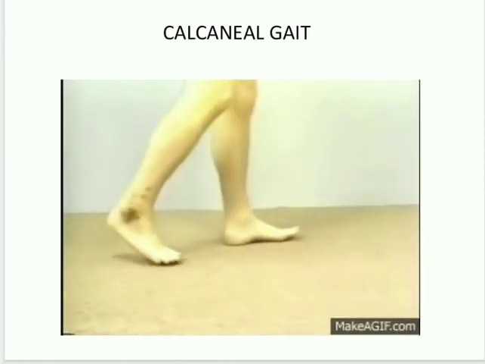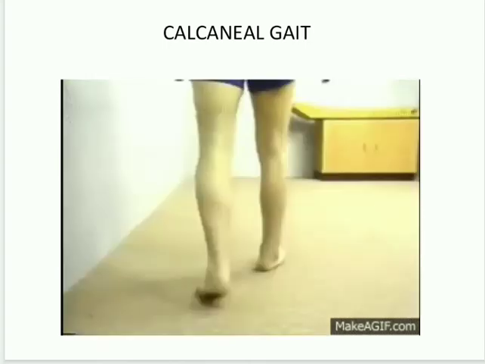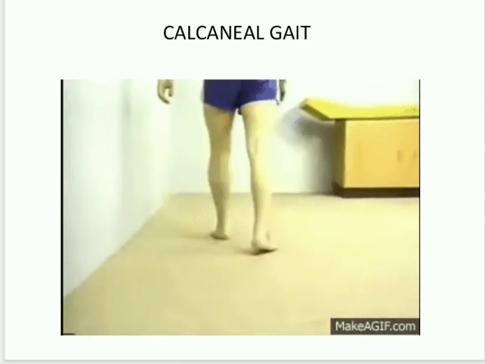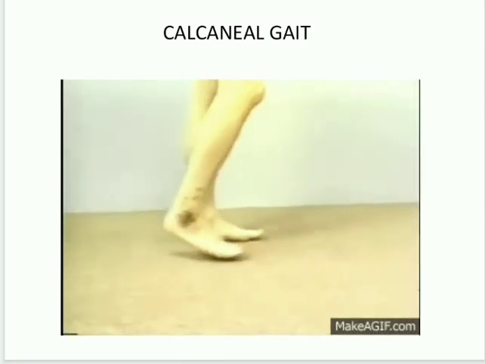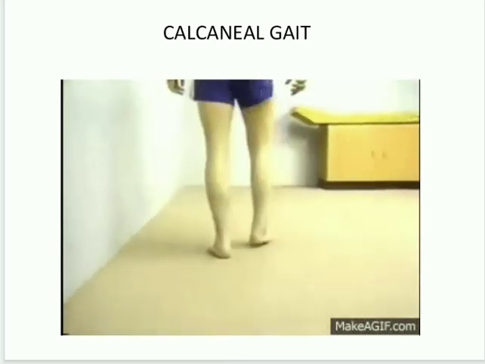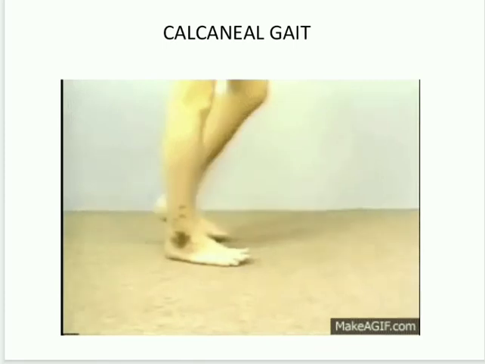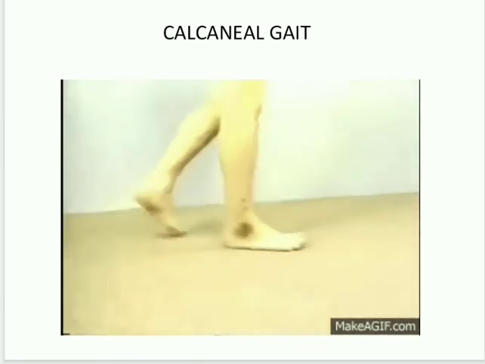Next comes your calcaneal gait. Calcaneal gait, as the word tells, means the patient is able to walk only on the calcaneum or heel, with the ankle in dorsiflexion, and the plantar flexors paralyzed. It is seen in polio patients.